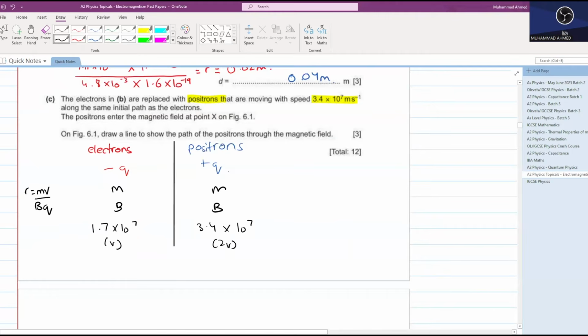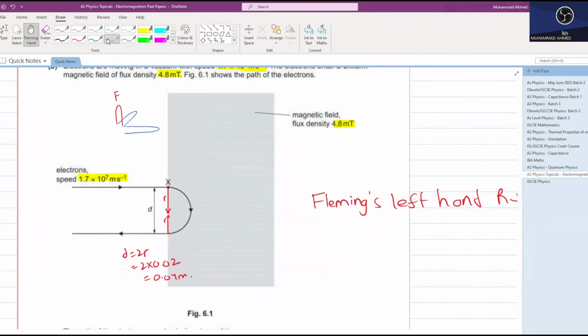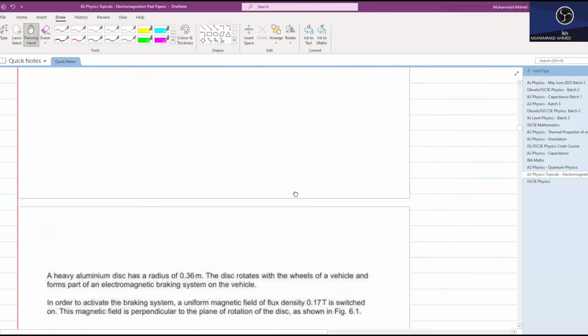That is 2v. So if your velocity v changes to 2v, your radius will also double, from r to 2r. So how will you draw the deflection of the positron here? First of all, it will be upward and it will cover a larger area compared to the electron. Something like this.